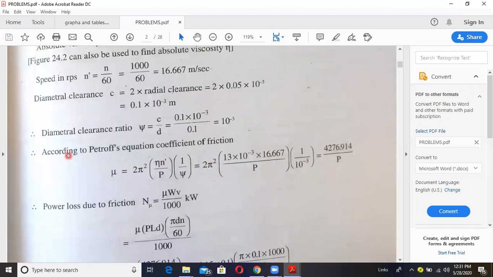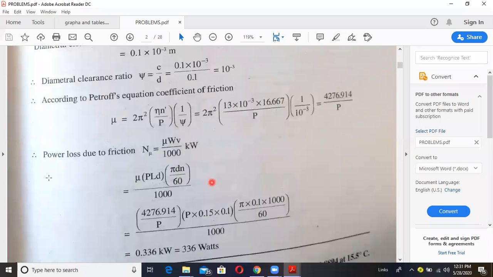Next, we are going to calculate the coefficient of friction based upon McKee's. If it is not given, always prefer Petrov's equation to calculate the coefficient of friction. So we know the formula 2 pi square neta n dash by P into 1 divided by xi. Substitute neta, n dash, P, xi, and calculate mu.